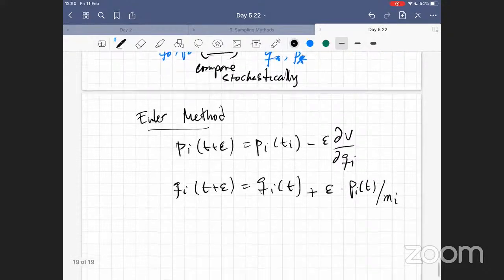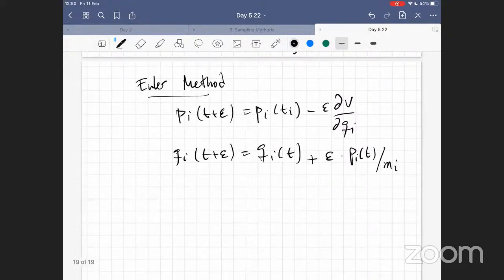Now I am using the fact that the kinetic energy is just a number. In general, it is like a diagonal kinetic energy where every component has its own m. That's why you have an index i on m.